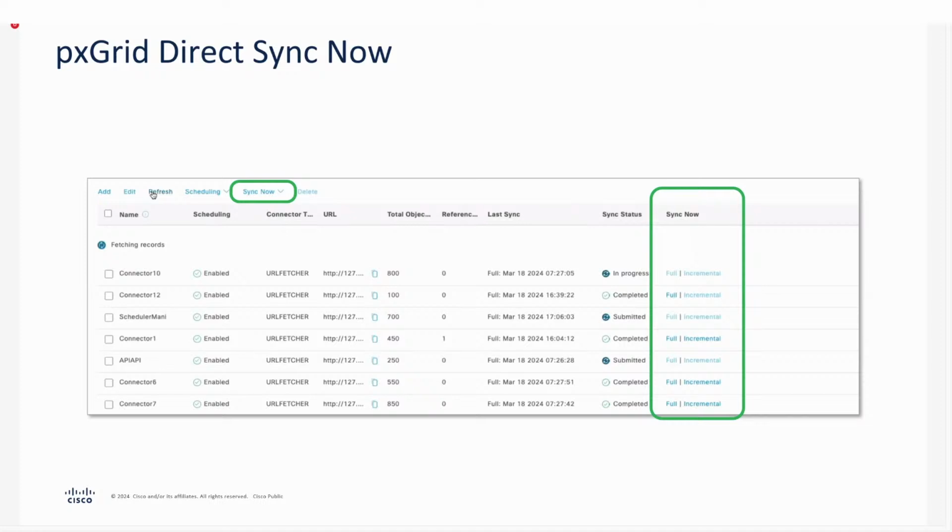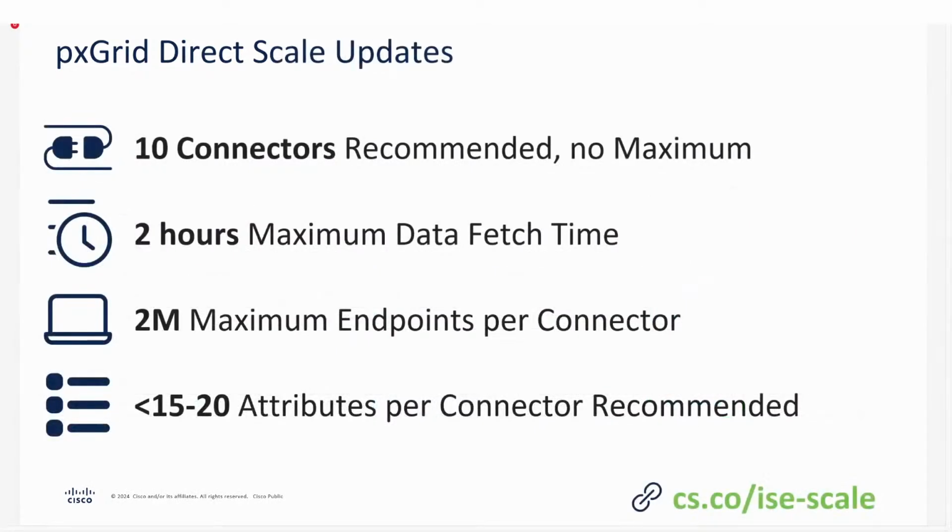And also, we've got some updates to the pxGrid Direct scale numbers. Now, the first one is the 10 connectors. That was a maximum in ISE 3.3, and now it's just a recommended maximum to have 10 connectors and 10 connectors only.